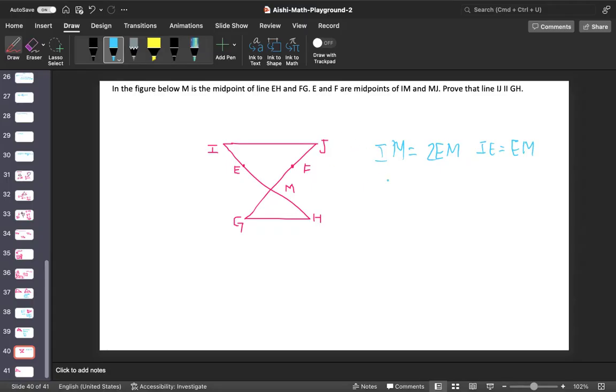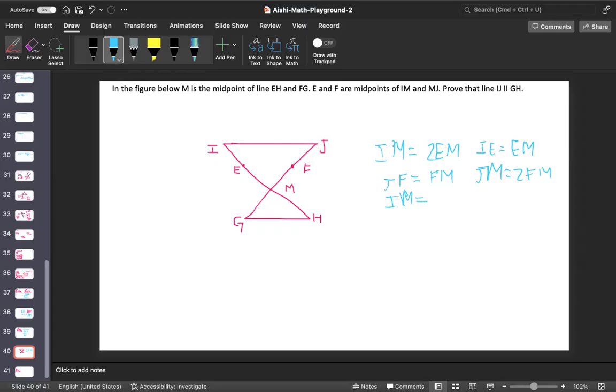And we also know that JF is equal to FM. We know that JM is equal to 2FM. We know that IM is equal to 2EM.